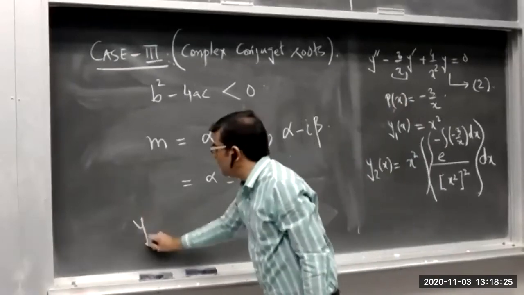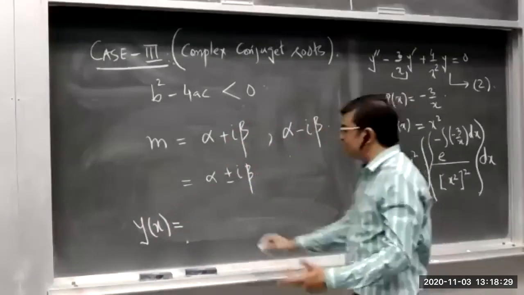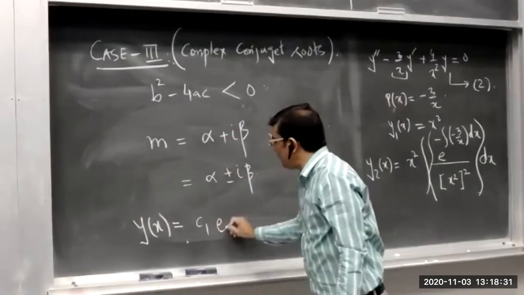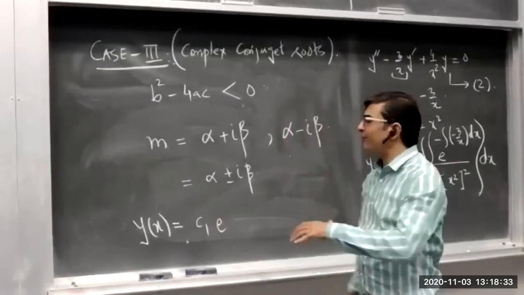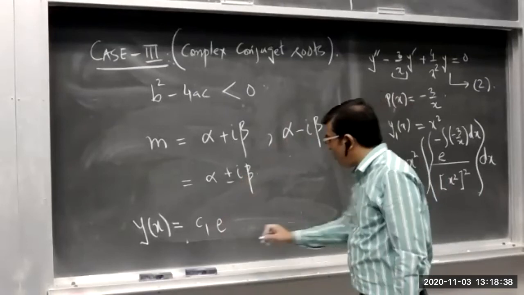In that case, the general solution can be simplified. We can write the general solution in a similar way, but we will see that we can simplify that solution further into another form.